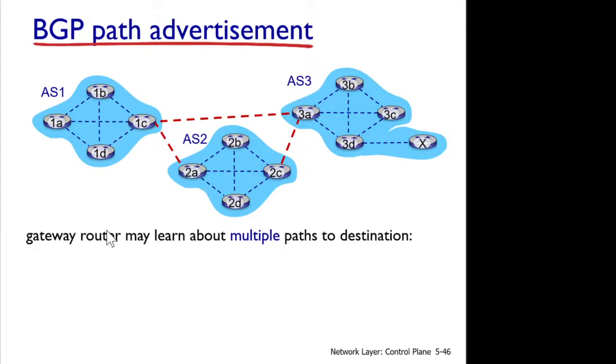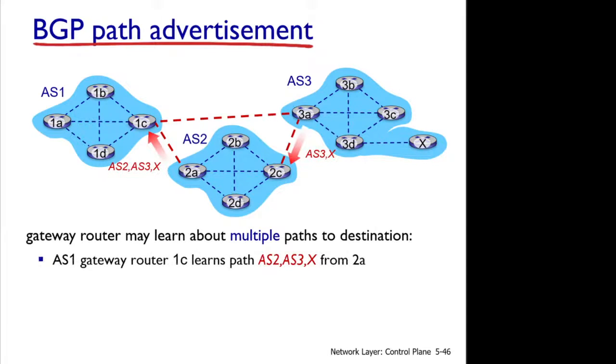So a gateway router might learn about multiple paths to the destination. It's possible that, for example, here AS1 and AS3 are also connected via these two routers, 1C and 3A. So what happens then?